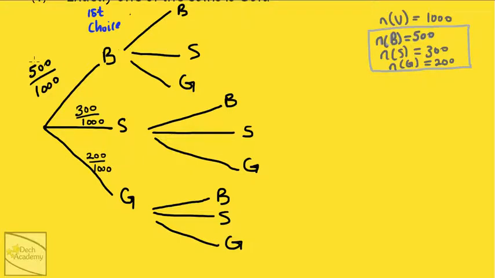There are 499 left because one bronze coin has been chosen. So here what we have is 499. Out of how many coins are left? We had 1,000 in total. One was chosen without replacement, so we have 999 left.